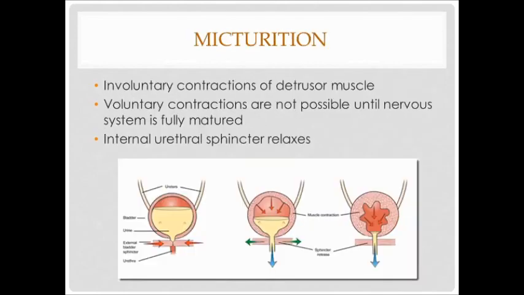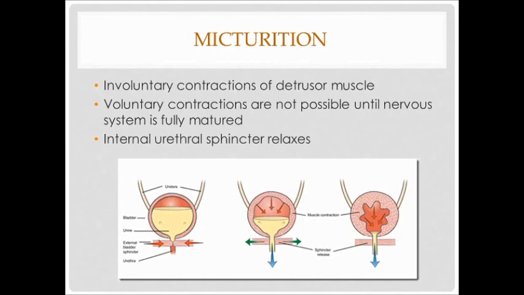Micturition is a fancy word for urination. So generally, this happens through involuntary contractions of your detrusor muscle, that muscle in the bladder wall. Oftentimes, you don't have to physically think about urinating, but you can voluntarily contract the bladder as well. However, that's not possible until the nervous system is completely matured.